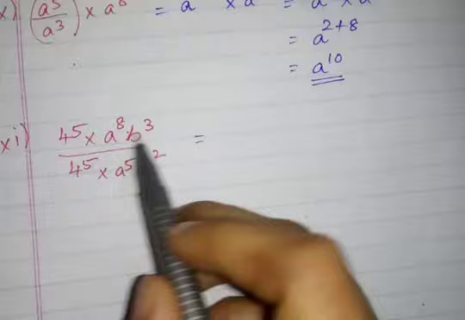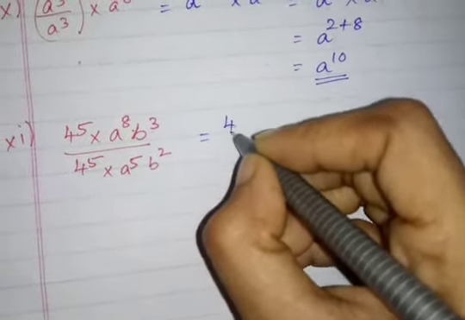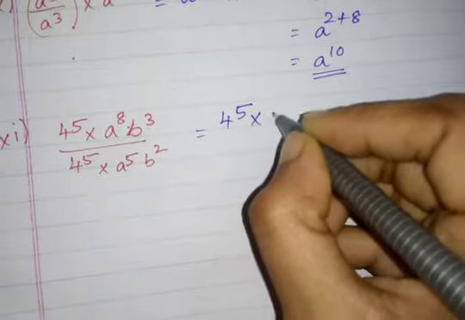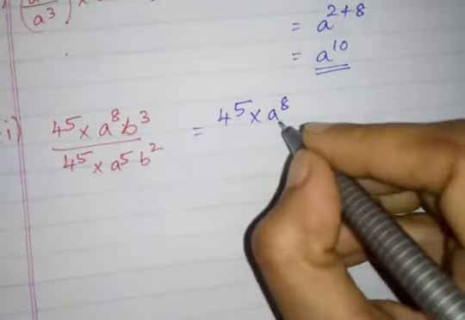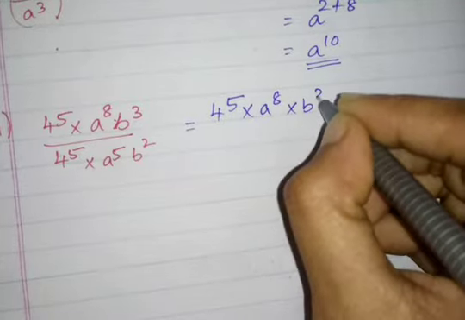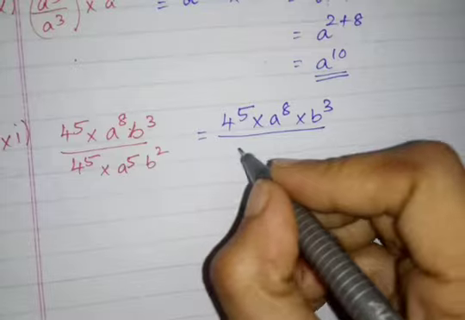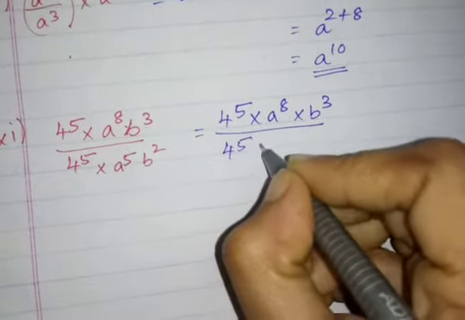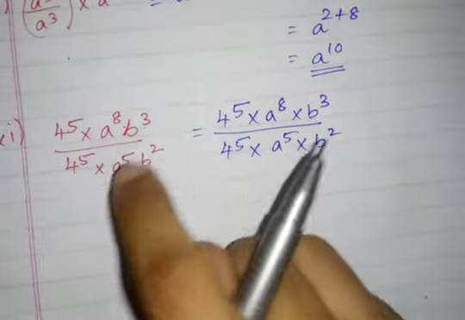See, anything common in the numerators? No. So 4 power 5 into a power 8 into b cube, divided by 4 power 5 into a power 5 into b square. You have to split it and write.